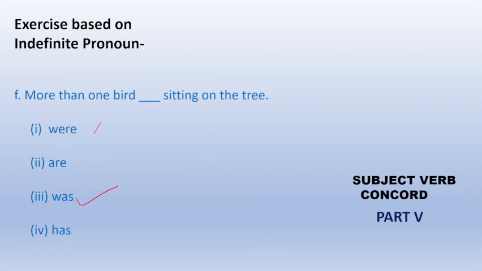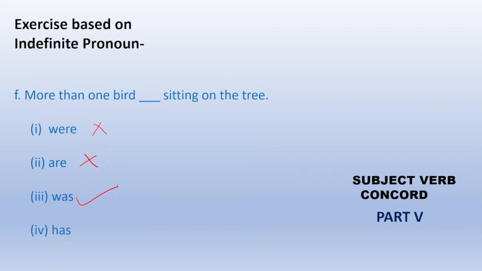Were will not be placed here because we will have to place only a singular verb, more than one. Okay, and obviously are will not be placed here either, because we will have to place only a singular verb.